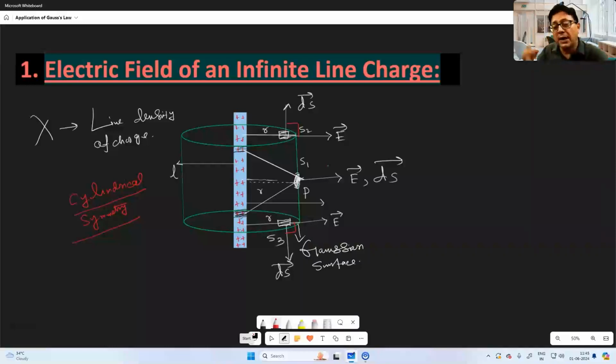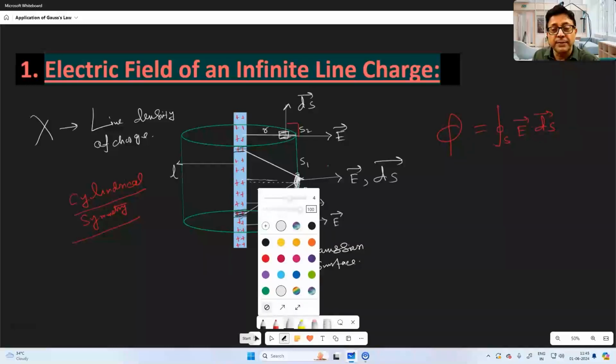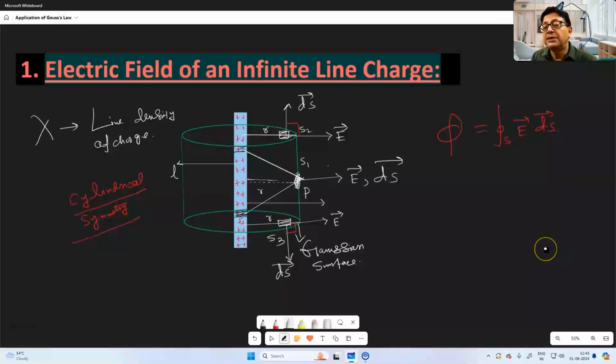Now let us remember Gauss law, that is phi is equal to the surface integral of E dot ds, isn't it? So here in our problem, this is the surface integral on all the surfaces.